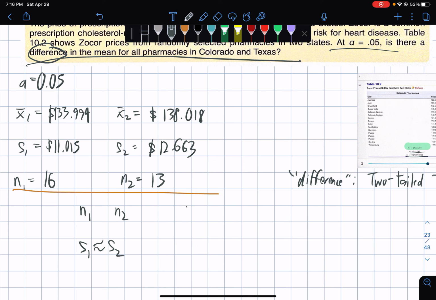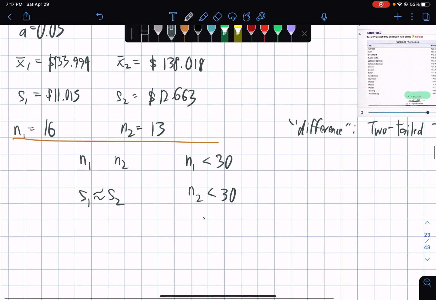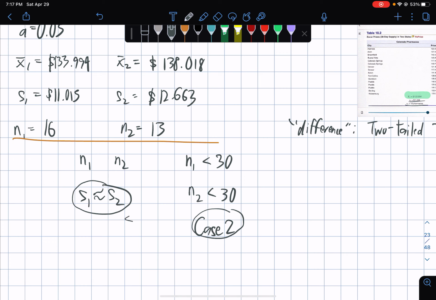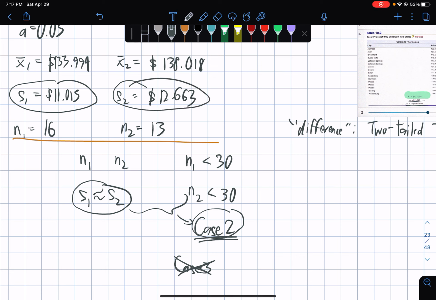And there's one thing that you have to know also. n1 is less than 30. 16 is less than 30, as well as 13, that is n2. So this is most likely case 2. Considering that the s variables are also not that far from each other, these two define case 2. So it's not case 3 because s1 and s2 are roughly the same.